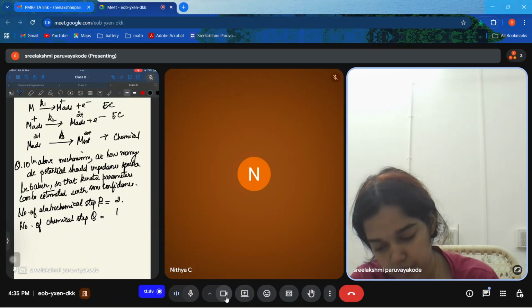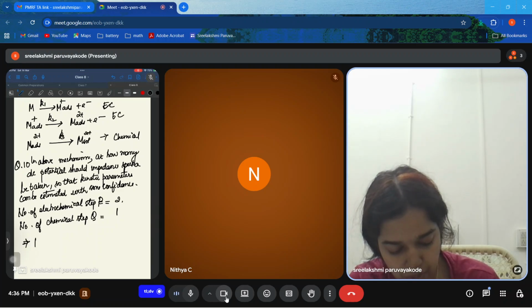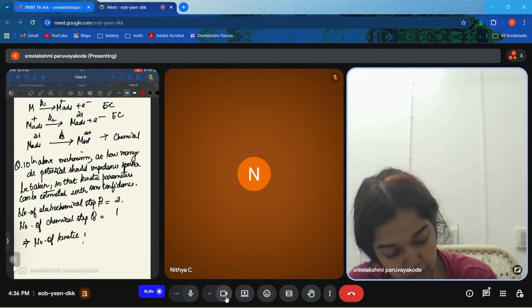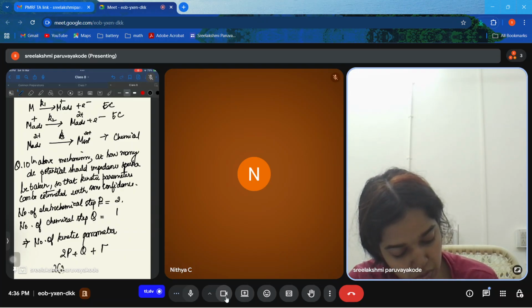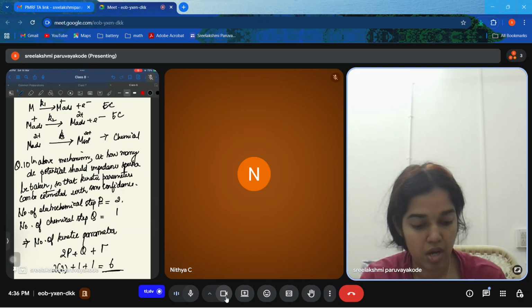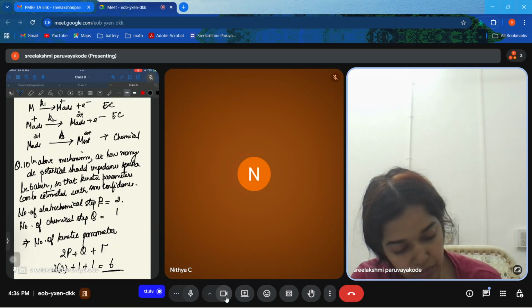So it is 1. Now, what is the number of kinetic parameters? 2p plus q plus gamma. So it's just 2 into 2 plus 1, which is 4, 5, 6. So this is the number of kinetic parameters, right?